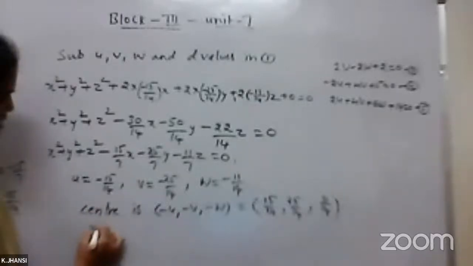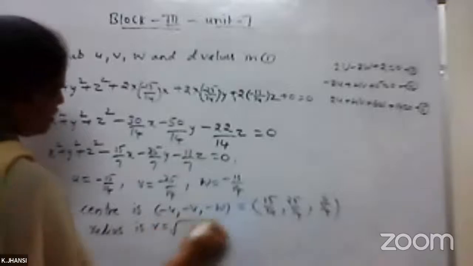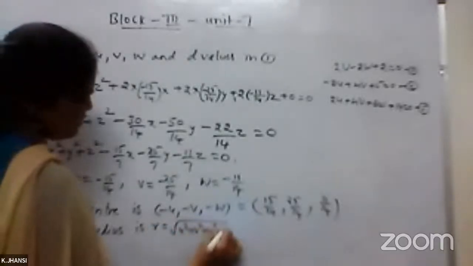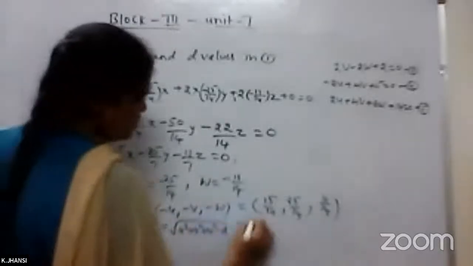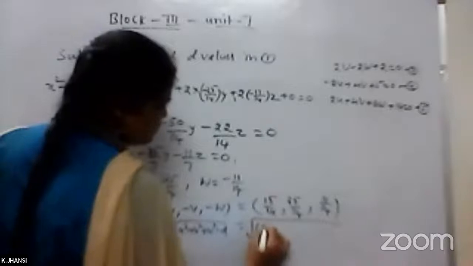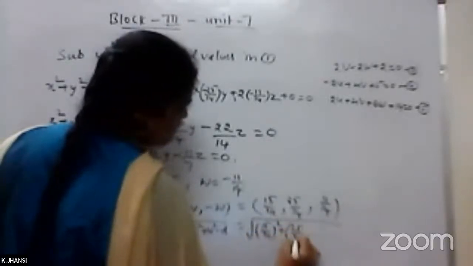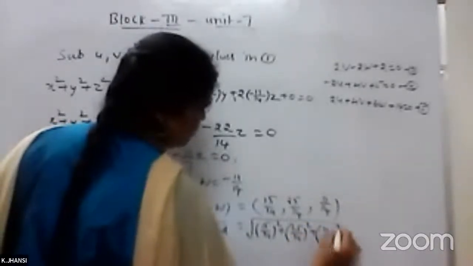Now what is the radius? R equals under root of u square plus v square plus w square minus d. Our d value is 0. So take the squares: 15 by 14 whole square plus 25 by 14 whole square plus 11 by 14 whole square.